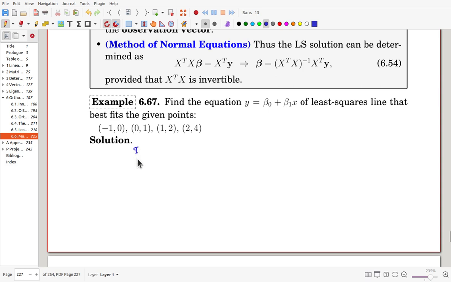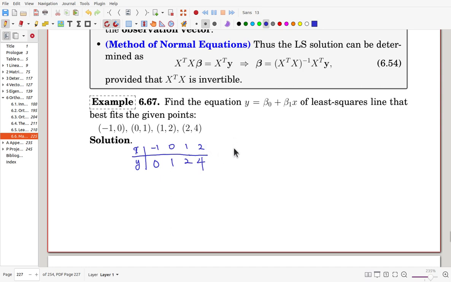For example, x and y here, and then we have x from -1, 0, 1 and 2, and y values 0, 1, 2, 4, right? Okay, we have those x and y values.